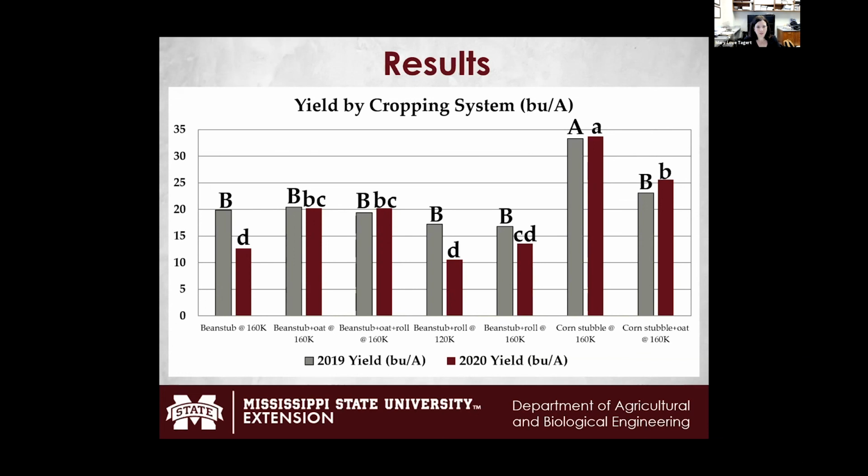However, we're still maintaining that yield bump. We would assume from the corn stubble that was planted 2 years prior. So both of the plots, the cropping systems with corn stubble yielded better, and then also the cropping systems that had the oat cover crop seemed to yield a little bit better.